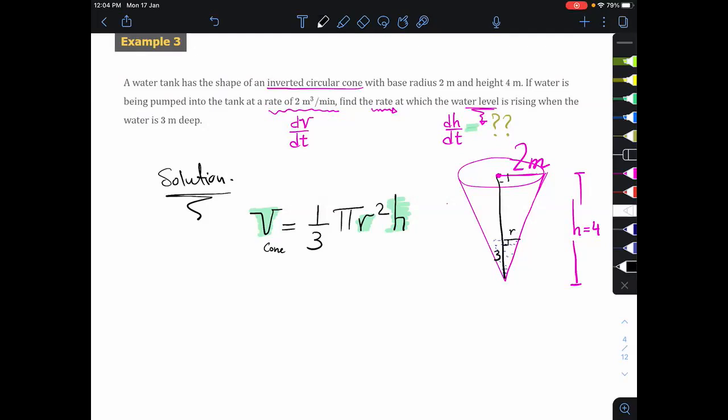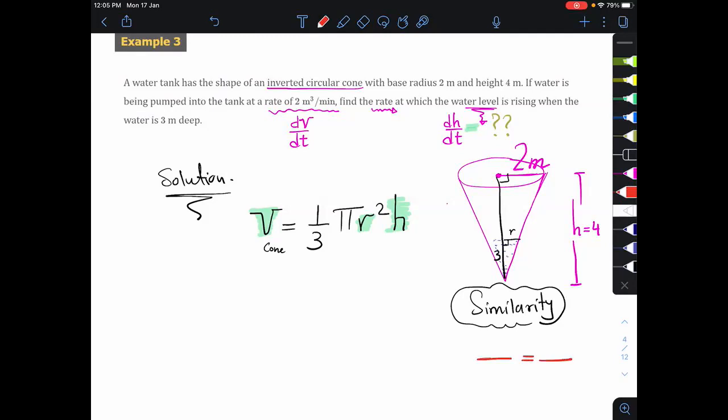If you look carefully, guys, at this figure, you will find 2 triangles. And using similarity, we can find a relationship between r and h. Similarity you studied before in geometry, grade 9. When 2 triangles are similar, corresponding side lengths are proportional.